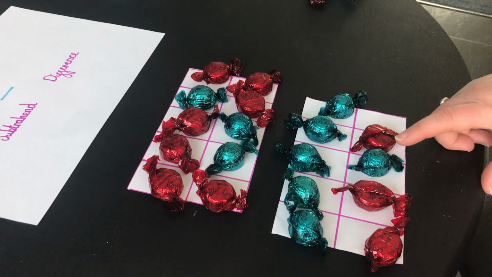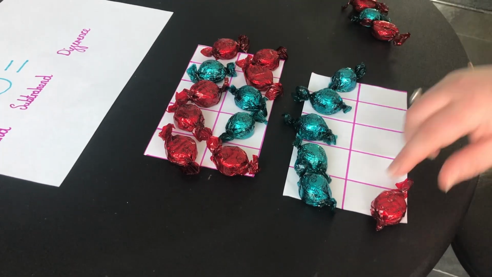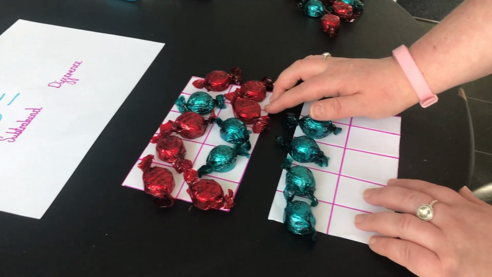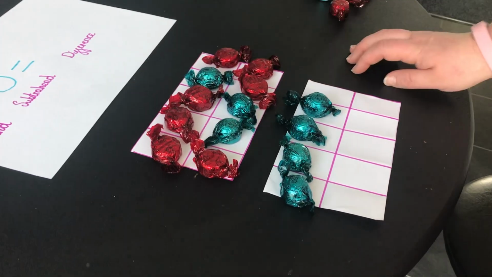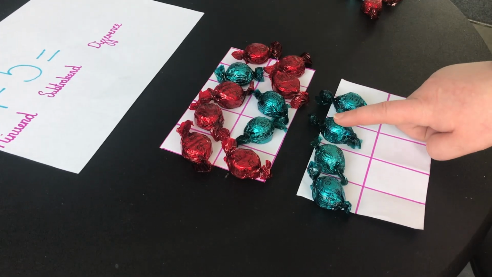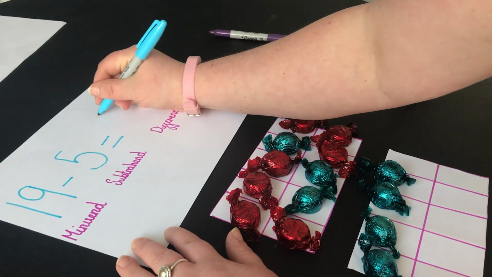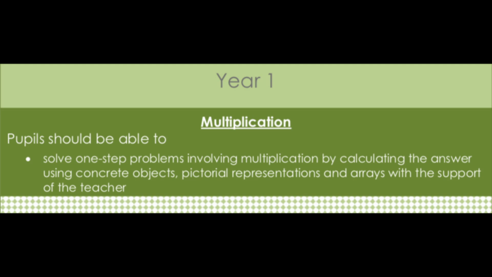Now I need to take my subtrahend 5. 1, 2, 3, 4, 5. What I'm left with is my difference. So we know this is 10 because our 10 frame's full. So we can count on 11, 12, 13, 14. We now know that our difference is 14.